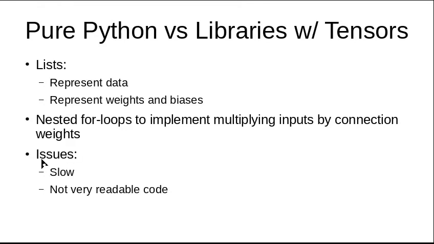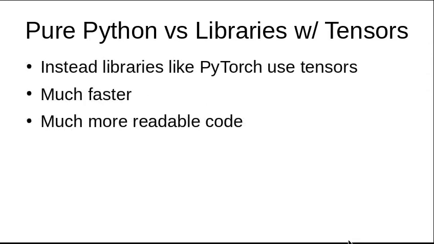There are some issues with this, however. Python operates rather slowly, and also that would not result in very readable code. Instead, neural networks are typically implemented in libraries like PyTorch, for example, which use tensors. These libraries run much faster, and they also result in much more readable code.